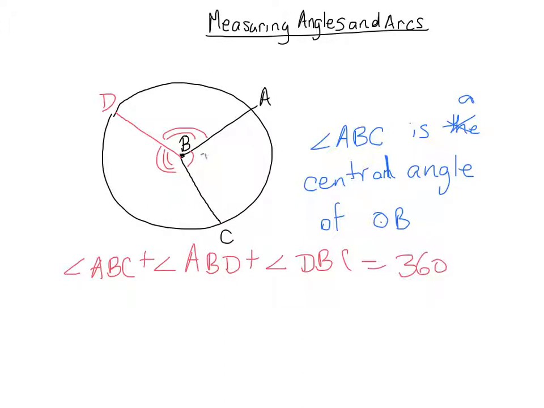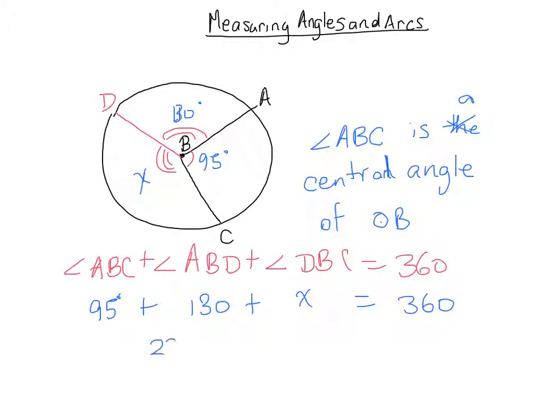So we can actually do an example here. Let's say this is 95 degrees. Let's say this central angle is 130 degrees. And I want to find out what x is. I will just plug into this formula. It's not really a formula, it's just a fact. So ABC, 95 degrees, plus ABD, 130 degrees, plus x, which we don't know yet, is 360.